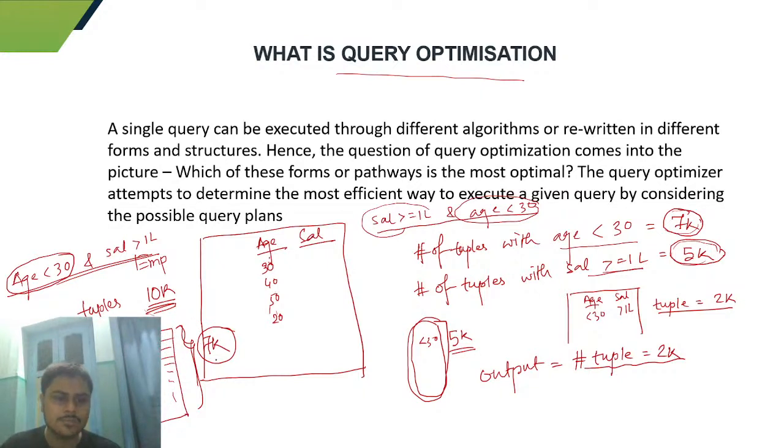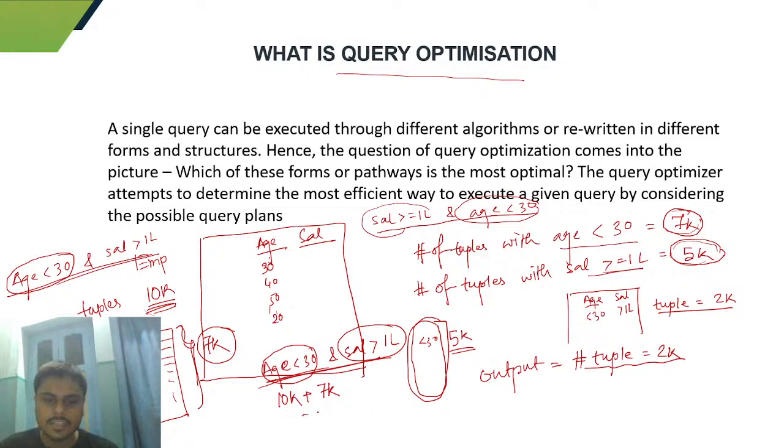So in this case, first we do a 10k operation, then a 7k operation. If we do the age calculation first and the salary calculation next, we have 17k cost.